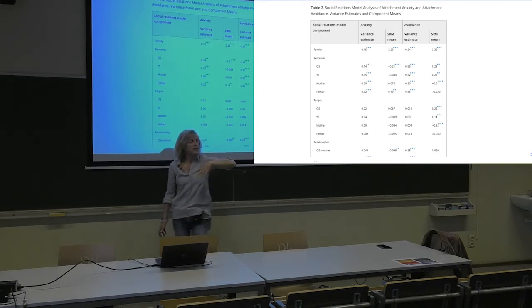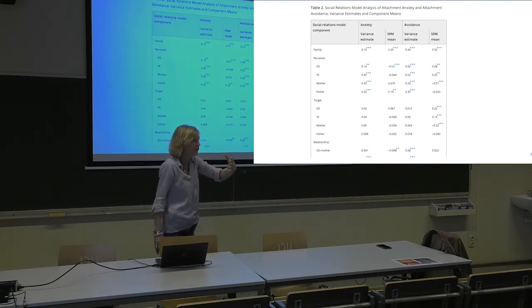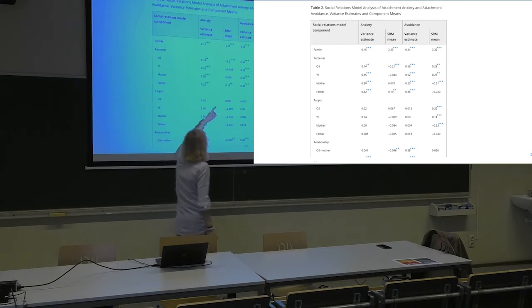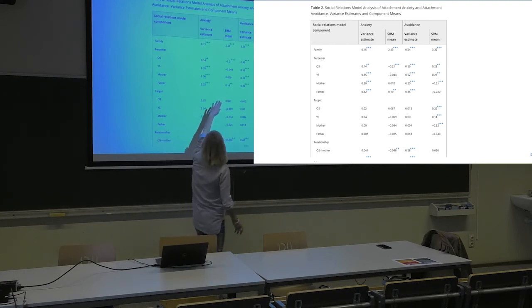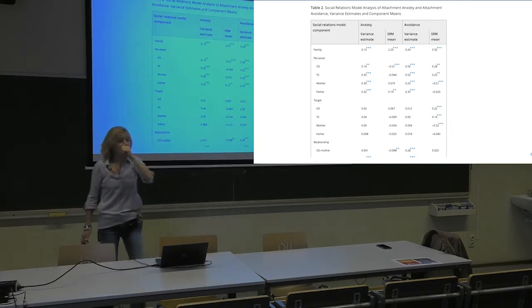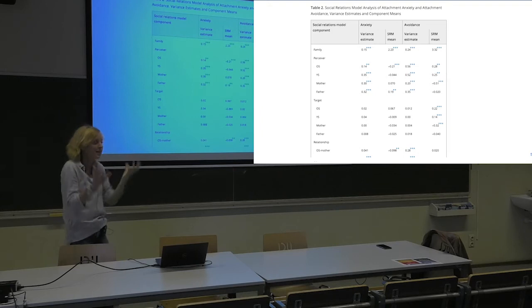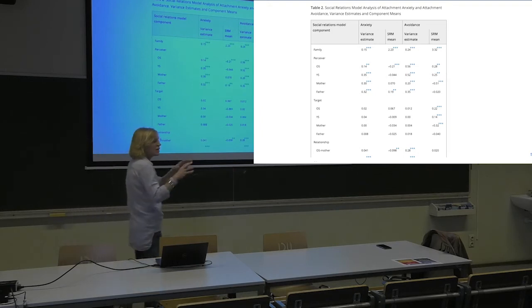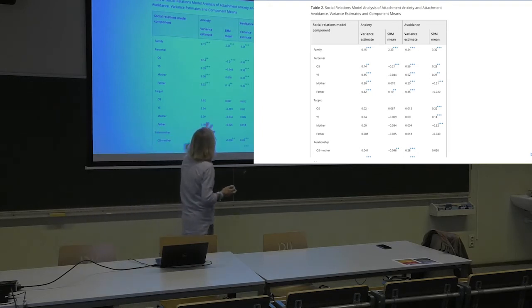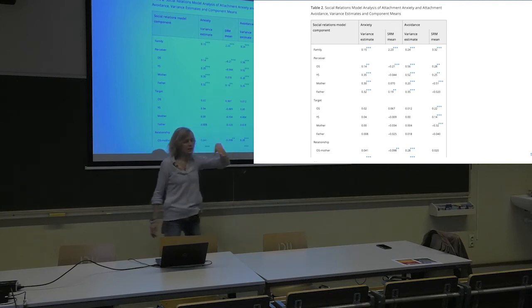So the father is more anxious than average within the family, and the older sibling less than average. So these are the means. And remember that we only started like 10 years ago to also calculate the means.